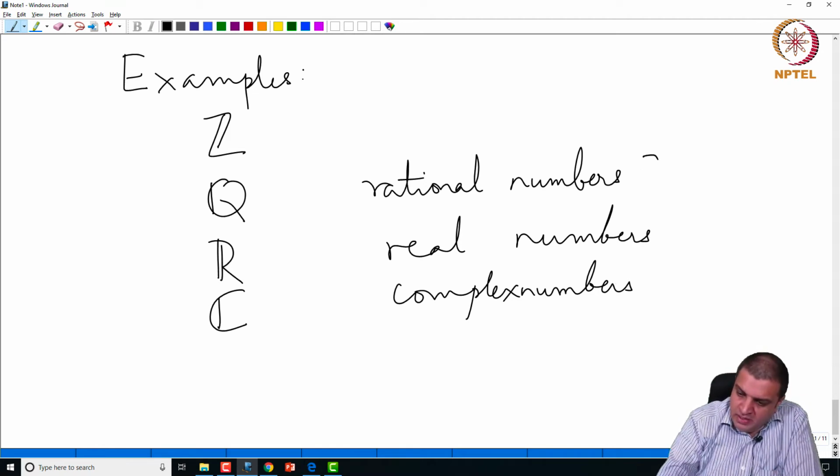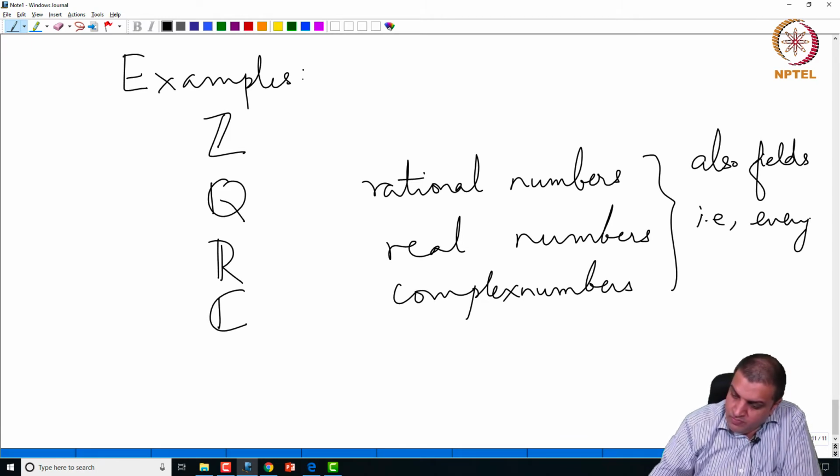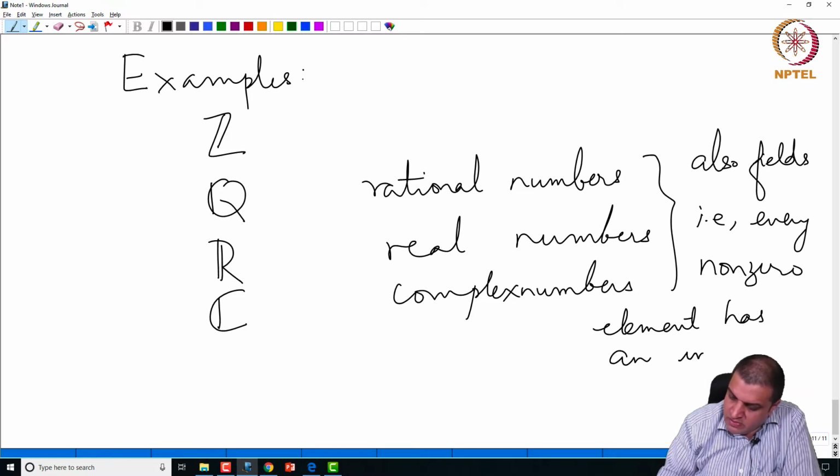And in addition to being rings, these are also fields. That is, every non-zero element has an inverse with respect to multiplication.